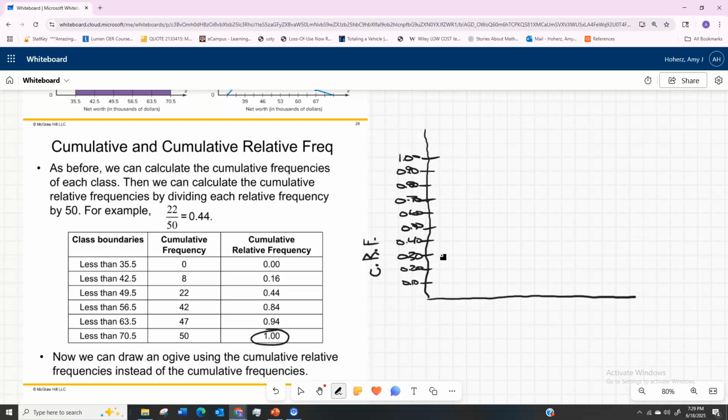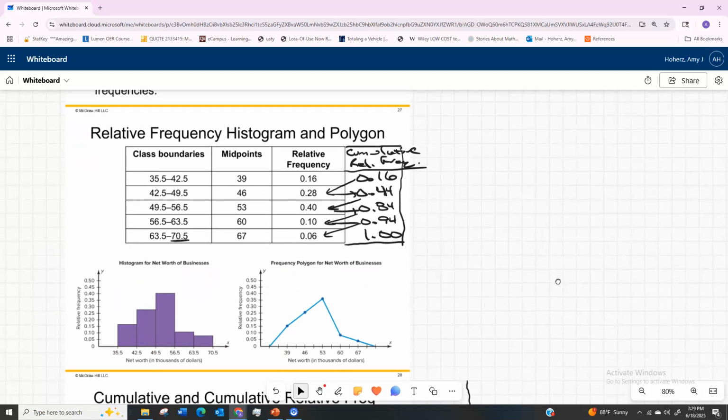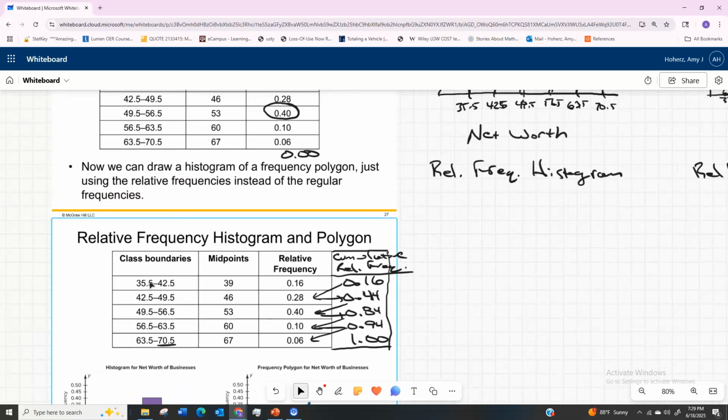And down here, we're going to start with the 35.5. Again, give yourself a little space just in case you need it. In this case, we don't. All right, 35.5, and then we have 42.5, 49.5, 56.5, 63.5, and 70.5. 35.5 is the lower bound for our lowest class, so our lowest boundary.